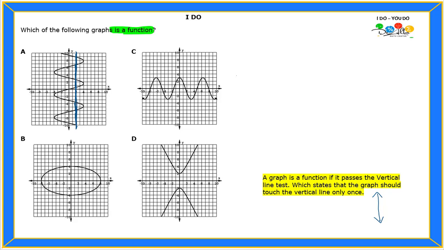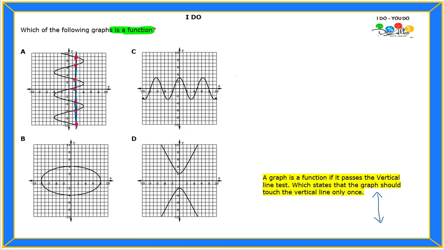Is my graph touching my vertical line once or more than once? I think it's more than once. Look at that. That's 2, 3, 4, 5, 6, and probably 7. Okay? So I can see that the vertical line test fails here, right?